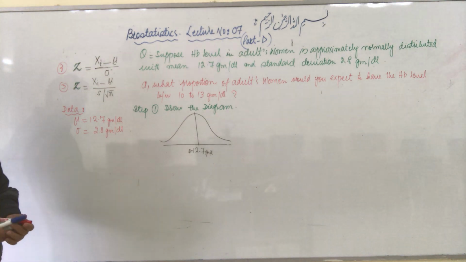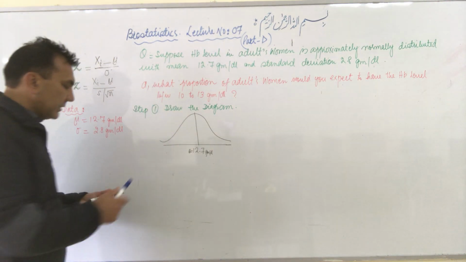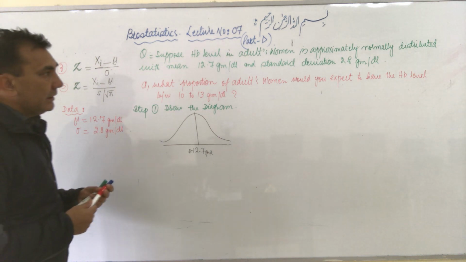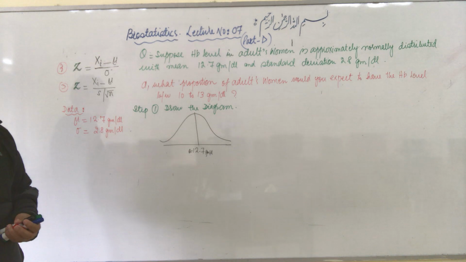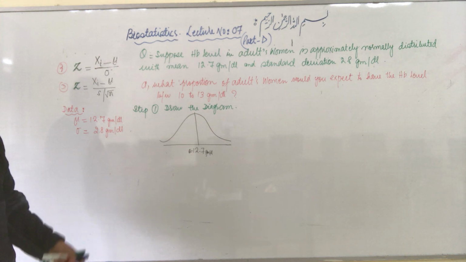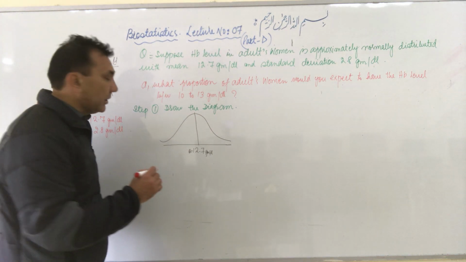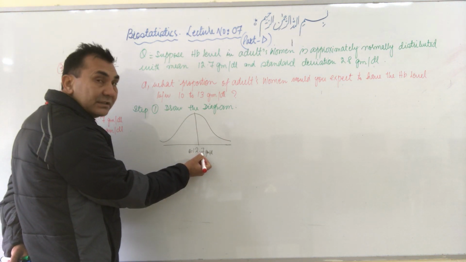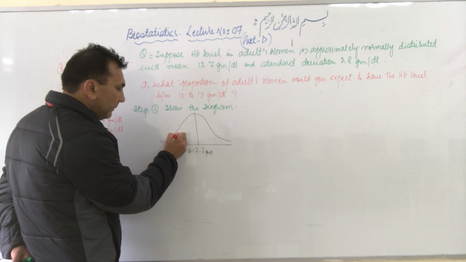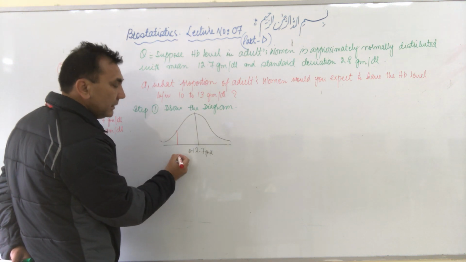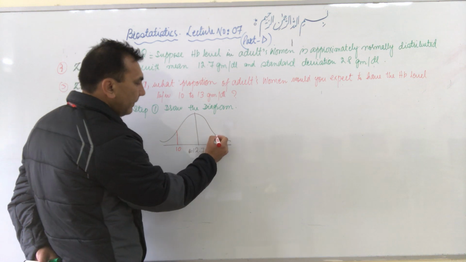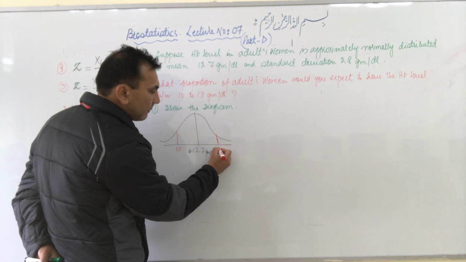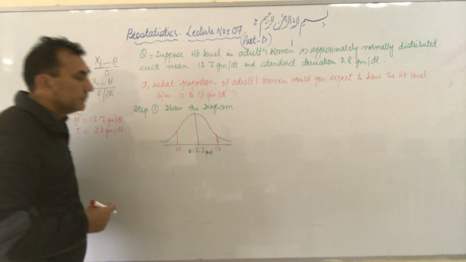In the question they are asking what proportion of adult women would be expected to have a hemoglobin level between 10 and 13. So 12.7 is the mean, which lies in the center. Then 10 will be here, which is less than the mean, and 13, which is higher than the mean, will be on the right side.